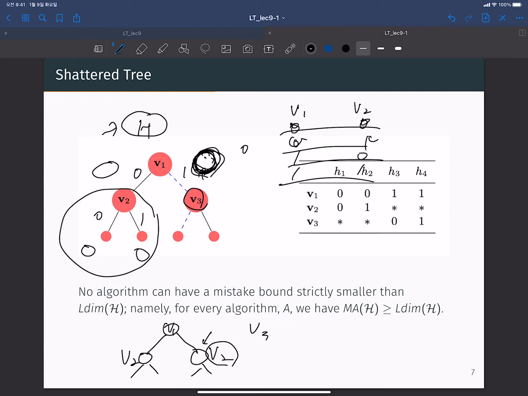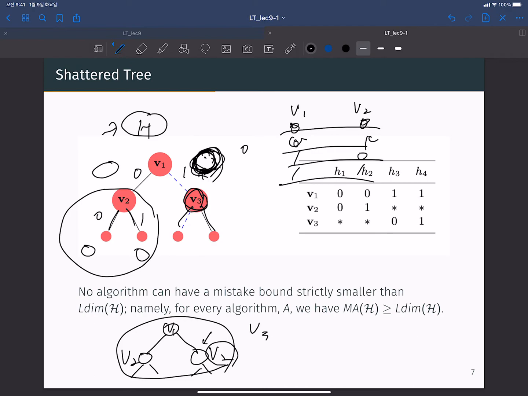This subset does not care whether the other subset has both response 0 and 1, but we just care there exists a new instance v3 that can make both responses for this subset of hypotheses. That is the key difference. Therefore, by definition, L dimension is always bigger than VC dimension, because the VC dimension shattering example is one special case of the Littlestone tree for the L dimension.